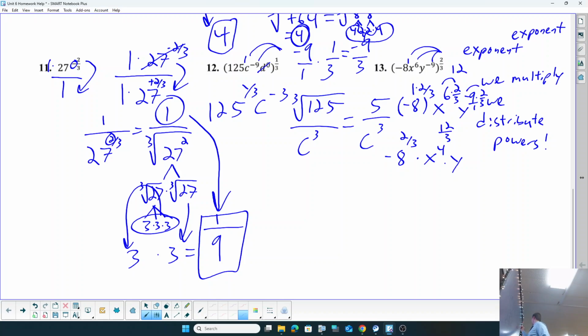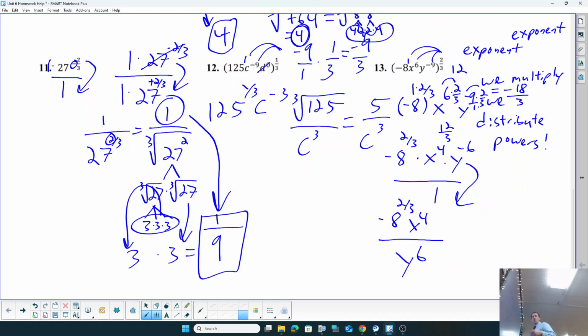So -9 times 2 is -18, divided by 1 times 3 is 3. So that's -6. Cool. So now let's see here. It's all over 1, and so that one's going to come down and be positive. So we have -8 2/3 x to the 4 power divided by y to the 6 power, because the y to the -6 goes on the bottom.